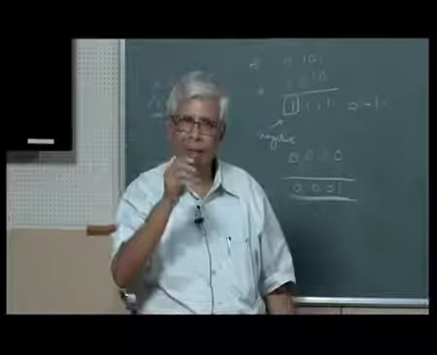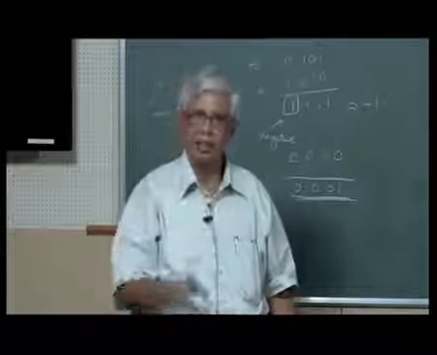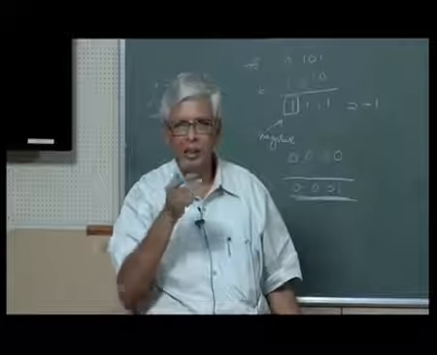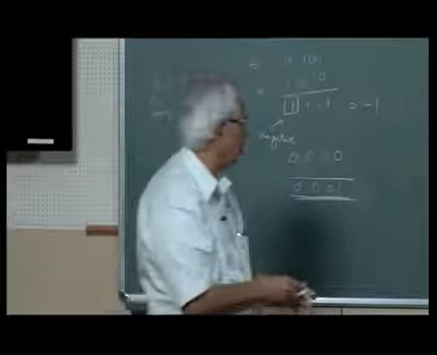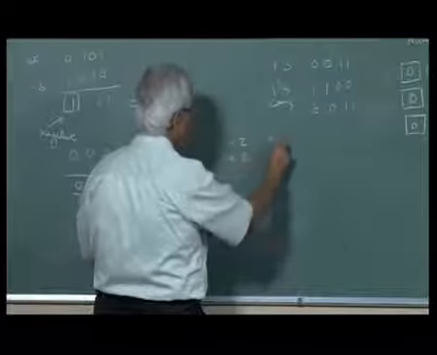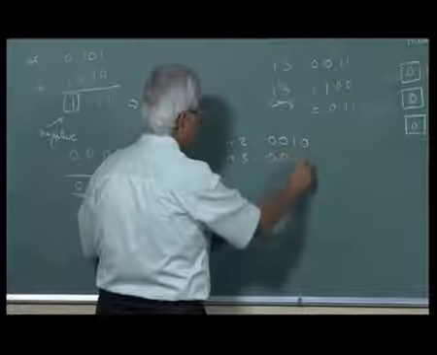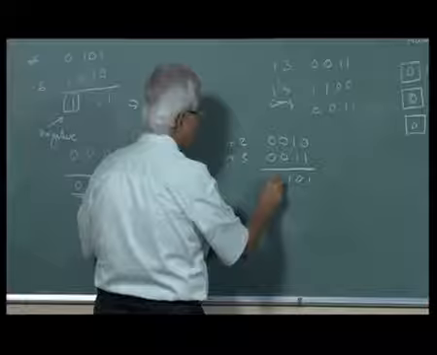So if you have to add two numbers whose total magnitude is within our range, then you simply add them. Suppose you want to add plus 2 and plus 3. You add, and you get 5.